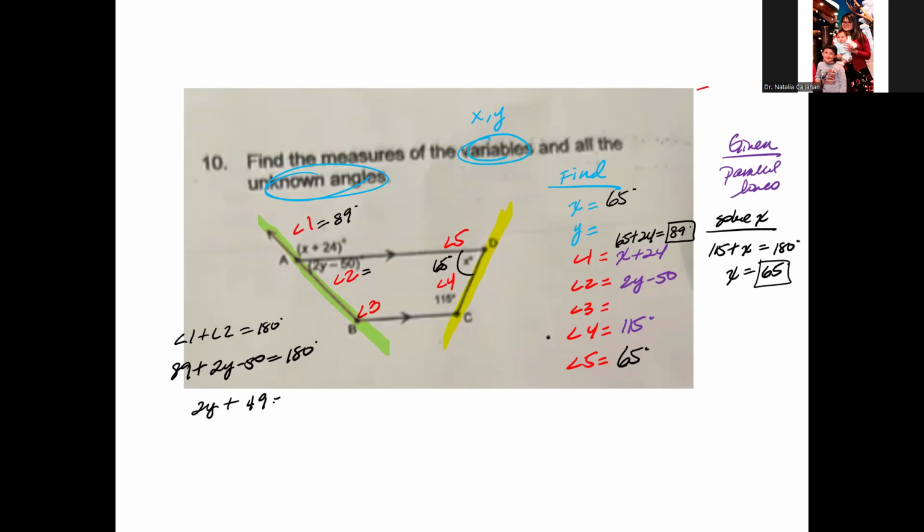Plus 49. Okay, this is the one that I got really upset about because it doesn't give you a whole number, it gives you a decimal, which is kind of annoying, but that's okay.